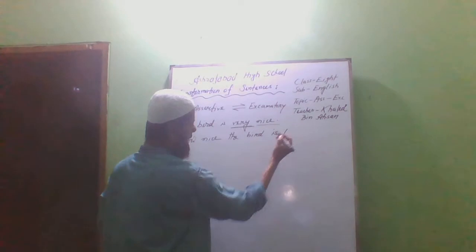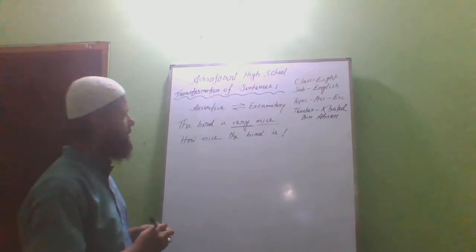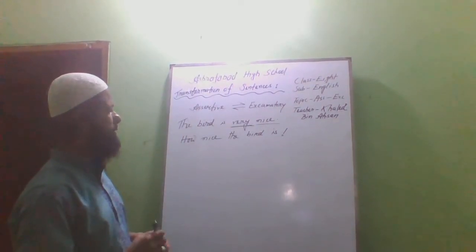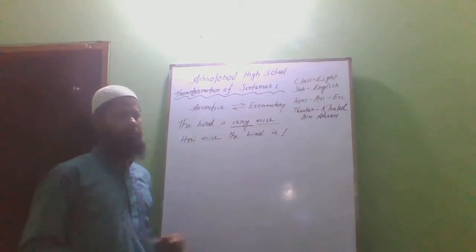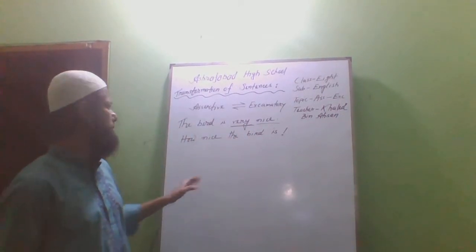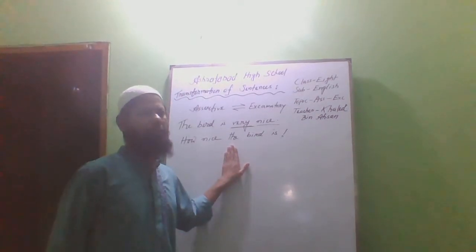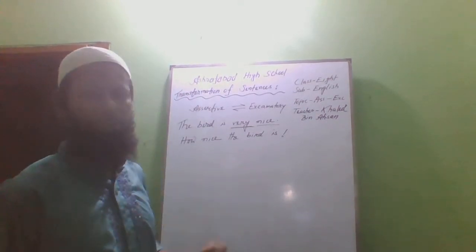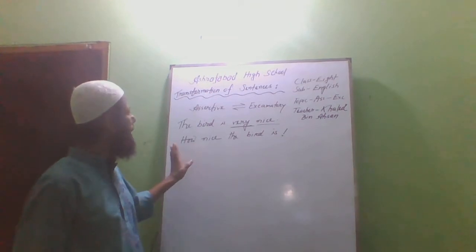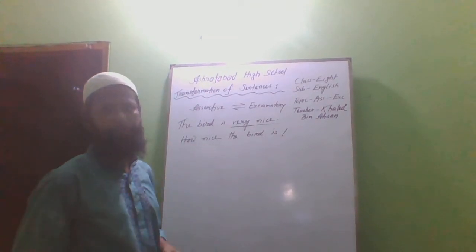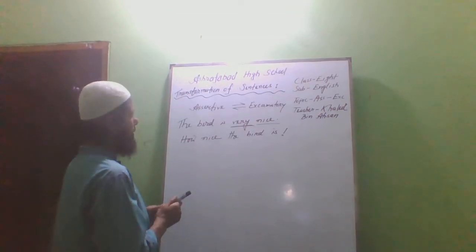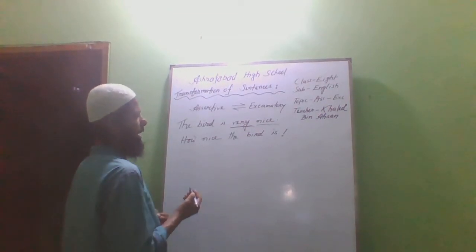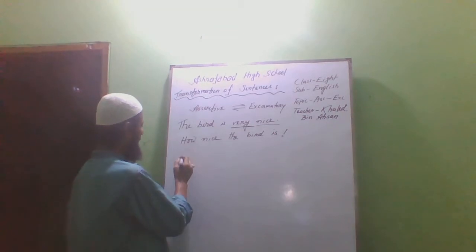And at the end of the sentence we must use the sign of exclamation. The bird is very nice is an assertive sentence, and if we change it into exclamatory, the answer will be: How nice the bird is! In this way.